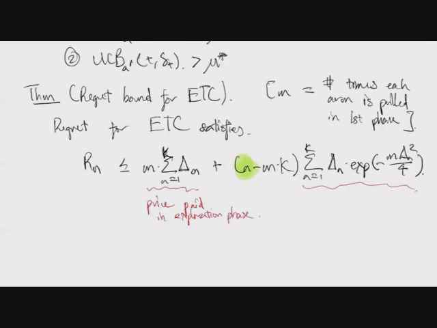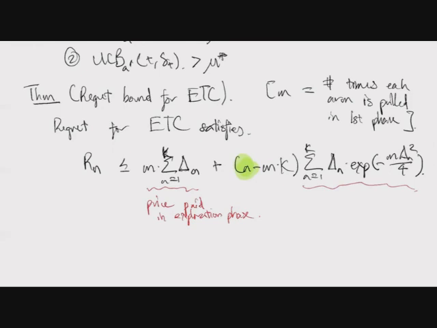And then what happens in the second term is that for every arm, we pulled it m times. Then in the second phase, the only time that arm can contribute to the regret is if we mistake that arm as the optimal arm. And what's the probability of mistaking arm A for being the optimal arm?